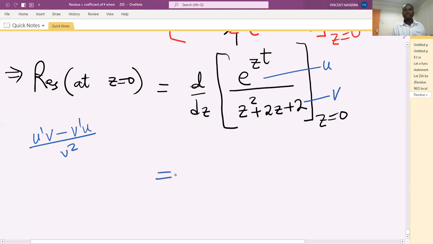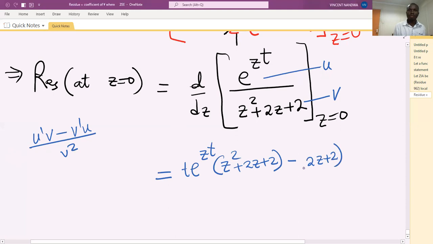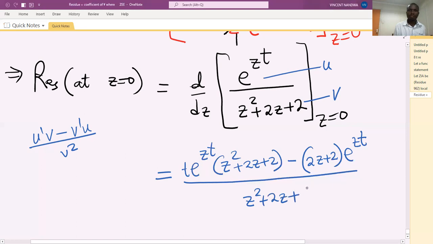So derivative of e raised power zt with respect to z will be t e raised power zt, then multiplied by z squared plus 2z plus 2, minus derivative of denominator will be 2z plus 2 multiplied by e raised power zt, and then you divide by the square of the denominator. And don't forget that we do this at z equals to 0.